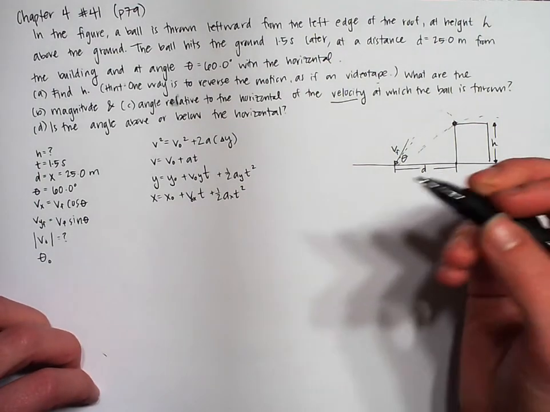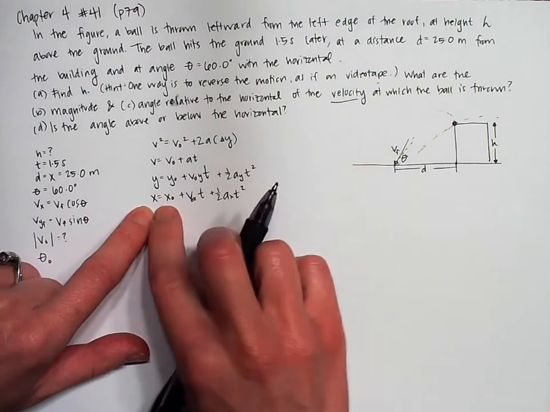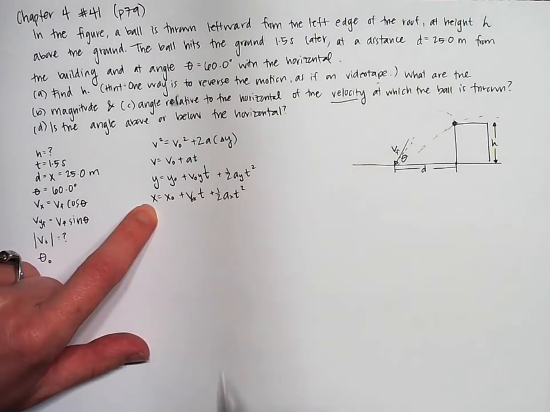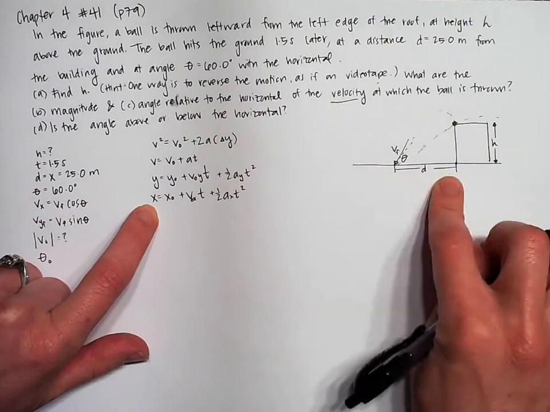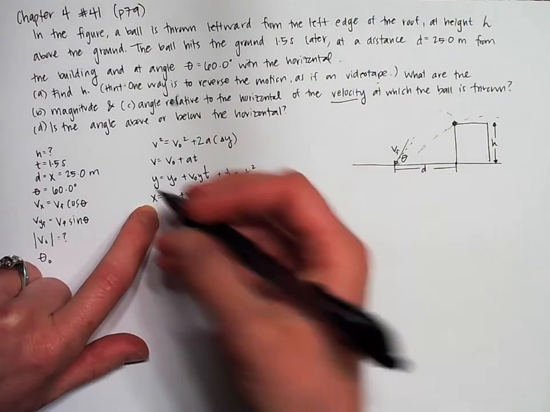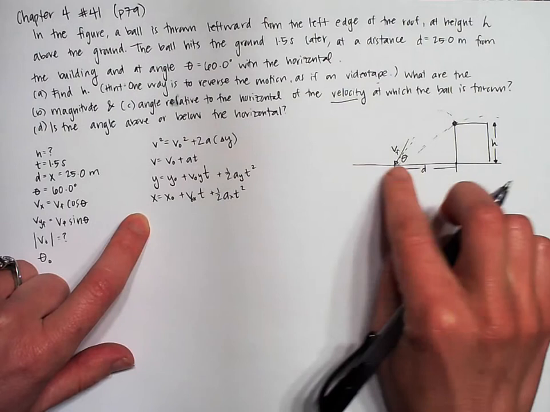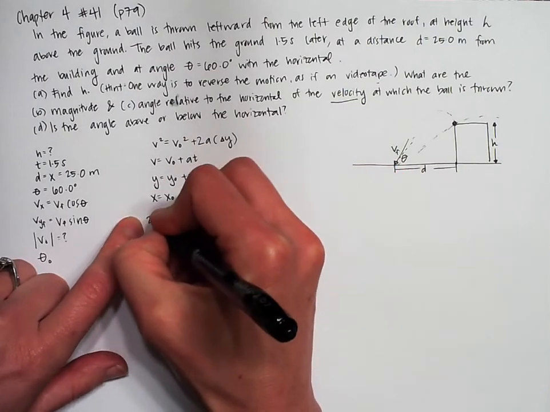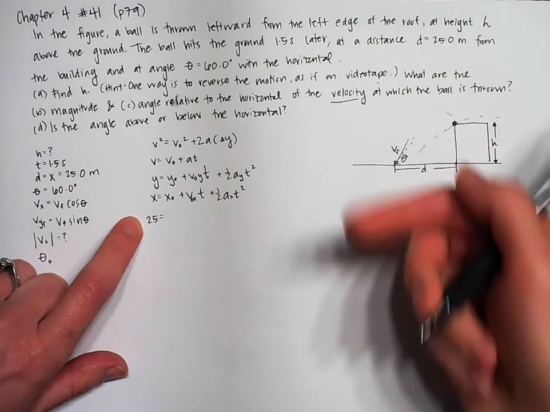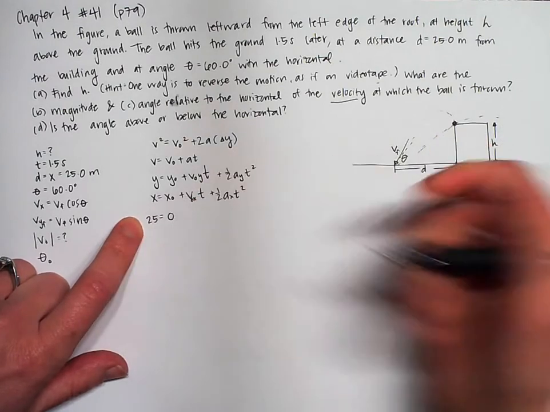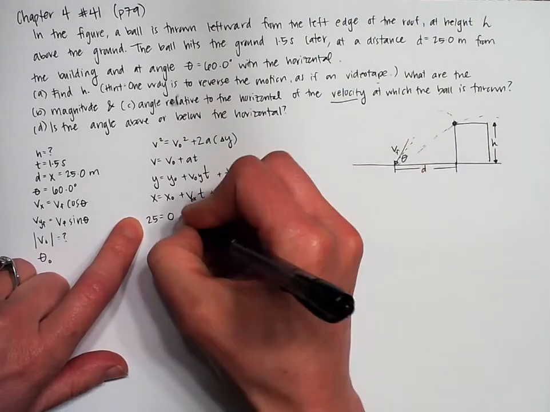And so I'm just going to start with this equation right here, x equals x naught plus v naught t plus 1/2 a t squared, because I know this distance right here. That seems promising. I might be able to figure out something useful. So my final x is at 25 meters. My initial is going to be right here. I'm having this direction be my positive x direction because that's the direction of my motion.